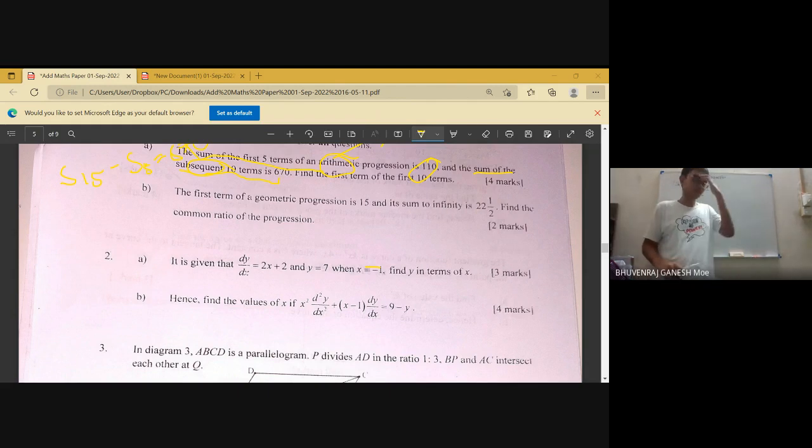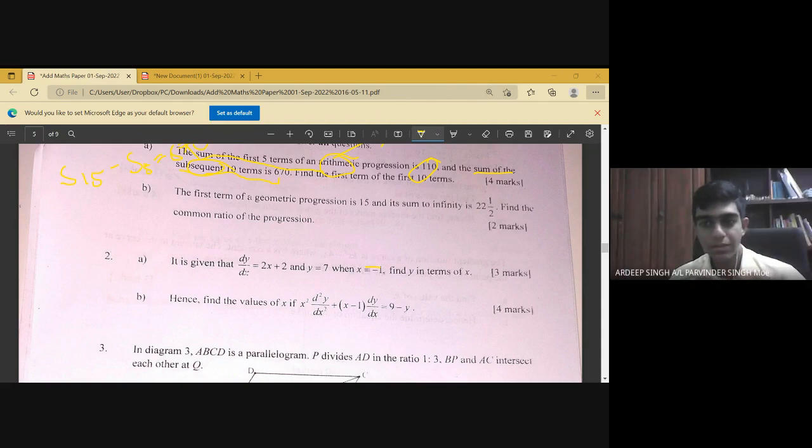That one is a different thing. That one is the sum of first n terms, 1 minus R and R minus 1. This one is especially, how do you know, for the sum to infinity? Sorry to interrupt. How do you know it is 1 minus R or R minus 1? Because when I was doing the question, when I used R minus 1, I got 1.66. And when I used 1 minus R, I got the same answer as yours. So how do you know the answer is correct actually?